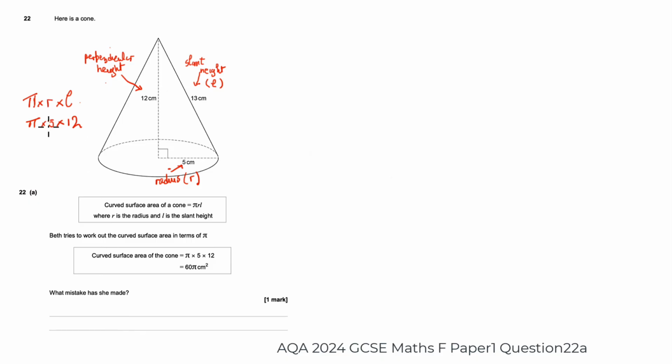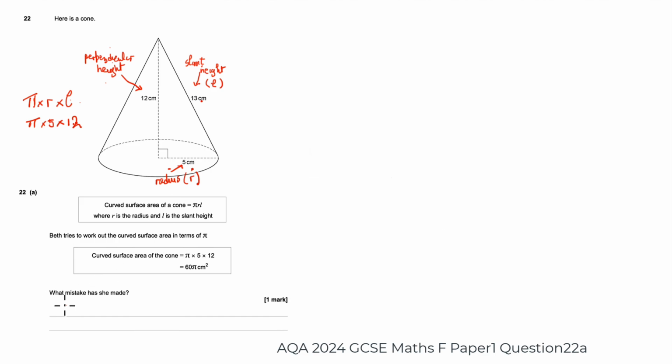Well, has she got the radius right? Yes, she has. Has she got the slant height right? No, she hasn't. The slant height is 13, not 12. She's taken the perpendicular height instead of the slant height.